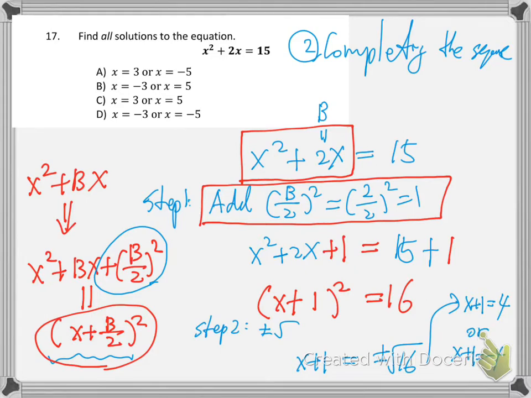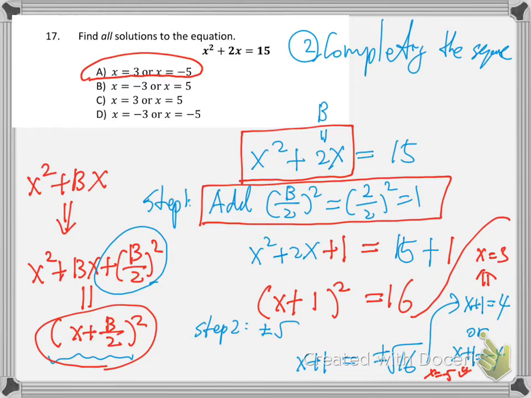So the first case, we got the first solution, x is 3. The second case, we got the second solution, x is negative 5. So we got 3 and negative 5 again. This is the completing square method.